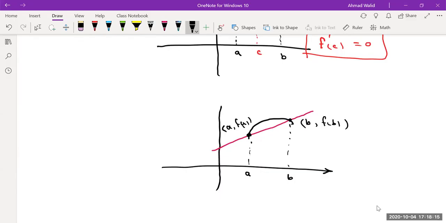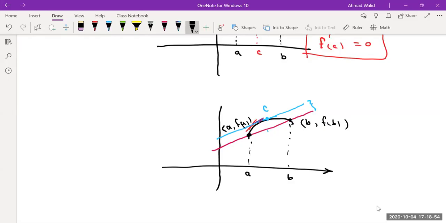Now, you see, if I draw different tangent lines on my curve, for example, I'll draw one here, I'll draw another one here, correct? And finally, there is a tangent line here whose slope is equal to the slope of the secant line. It means these two lines are parallel to each other. Again, if I name this point C, first of all, what is the slope of the secant line?